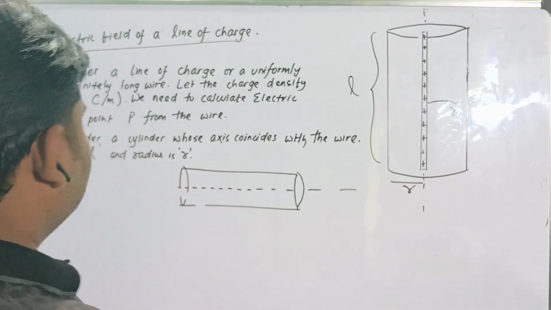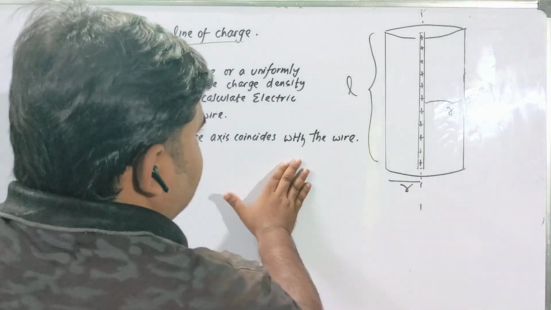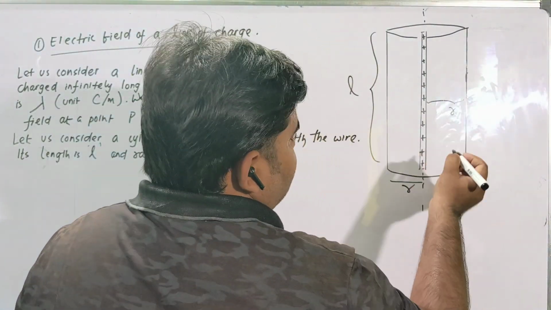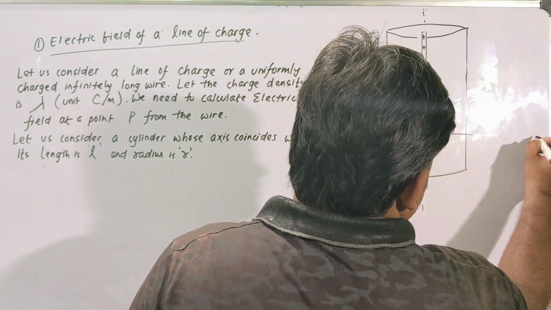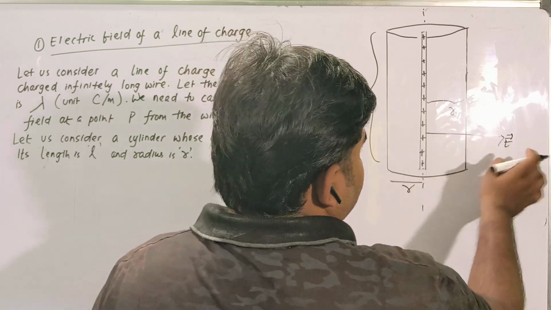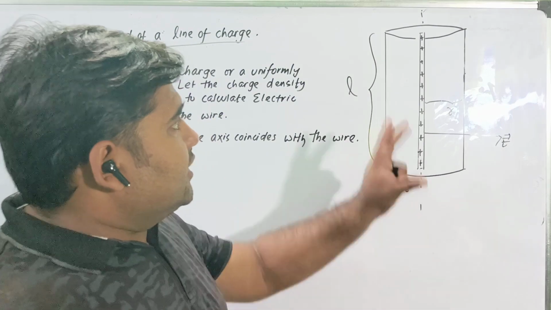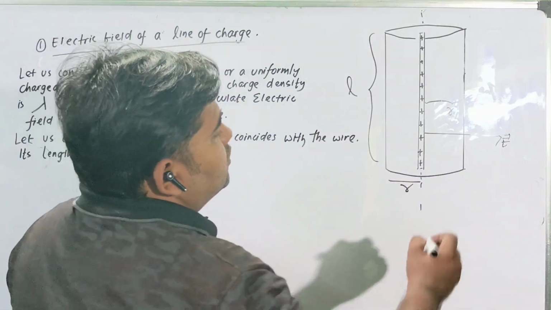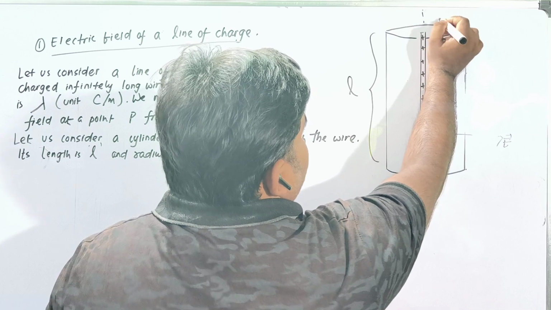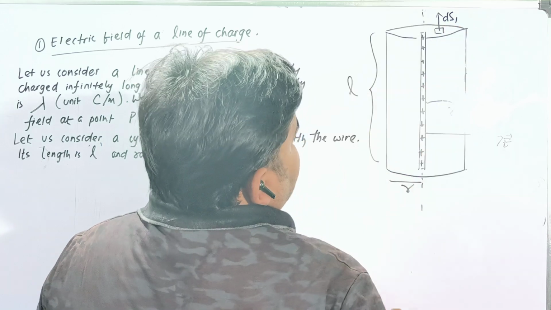Okay. So, what should be the electric field? As you know, since it is a positive line of charge, the electric field is directed in this direction. Flux can go out through this surface, through this surface. It can go out through any of the surfaces. So now you have to consider these surfaces. This surface is ds1, an elementary surface.